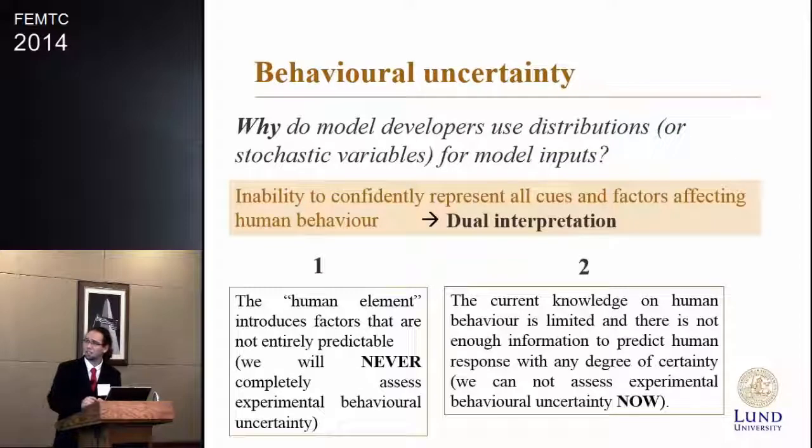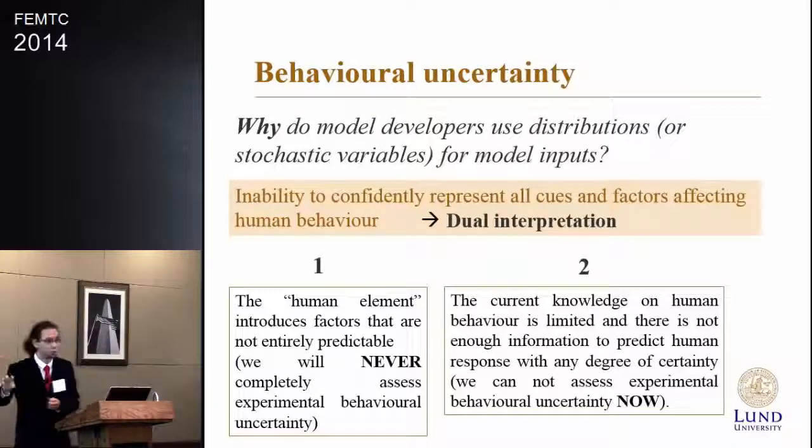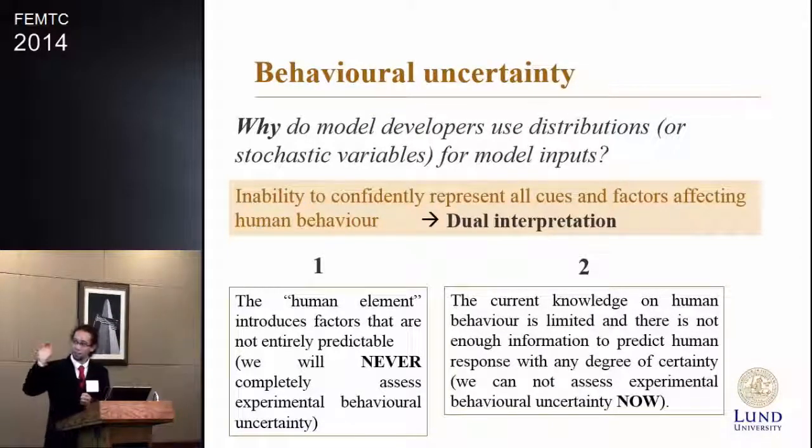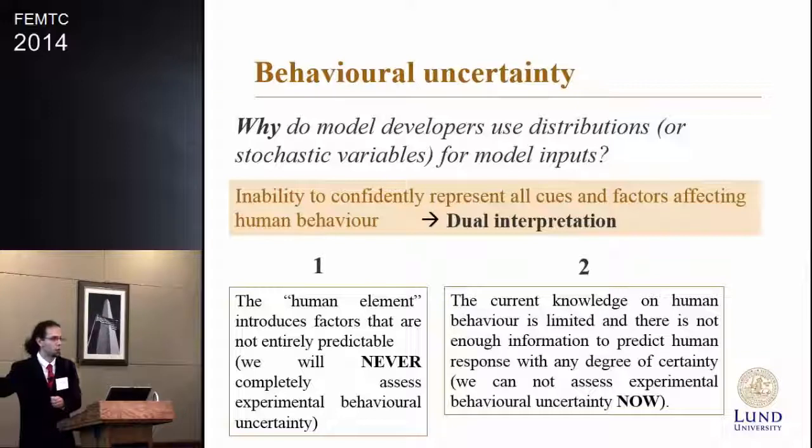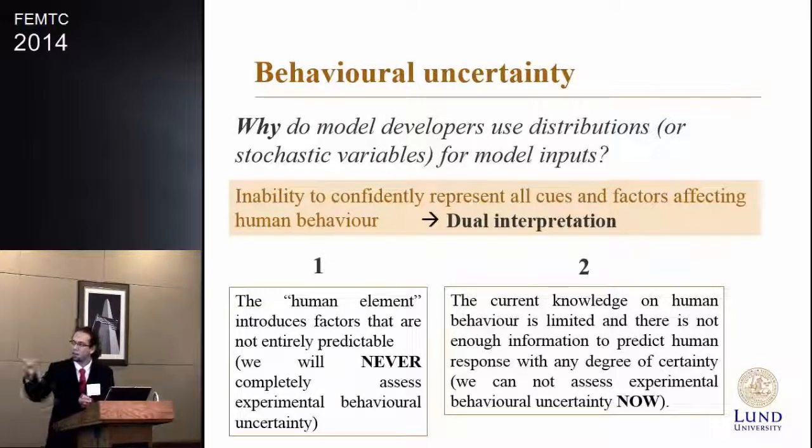And why do model developers use distributions? There are two theories on this. One theory says that the human element can never be predicted, so we have to give up on this, and assessing behavioral uncertainty is not possible, never will be possible. But since we are researchers, I tend more toward the second point. The problem is that we still don't know what the intrinsic variables are that affect human behavior.